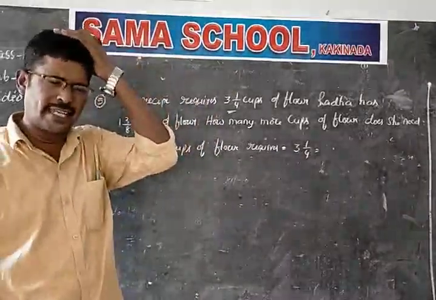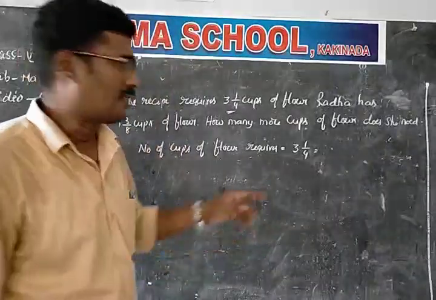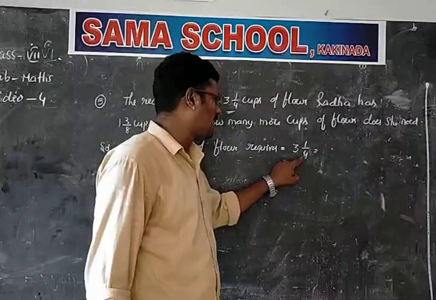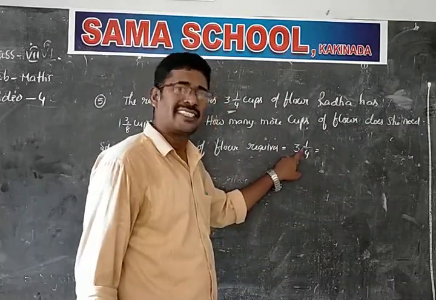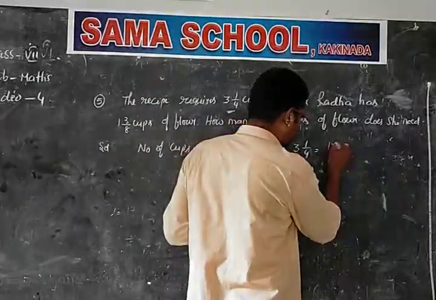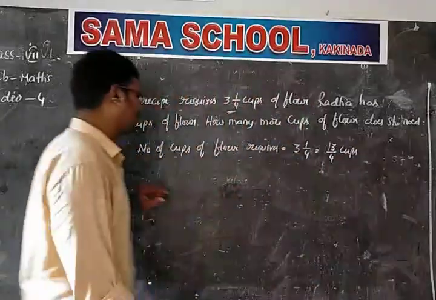What is the type of fraction? A mixed fraction. Convert to an improper fraction. 4 times 3 is 12, 12 plus 1 is 13/4 cups.